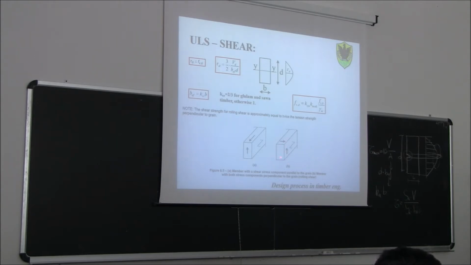What about this plane here? Parallel to the grain? Yes or no? Why yes and why no? The fibers, we said, are oriented this way. So, is this plane crossing any fiber?